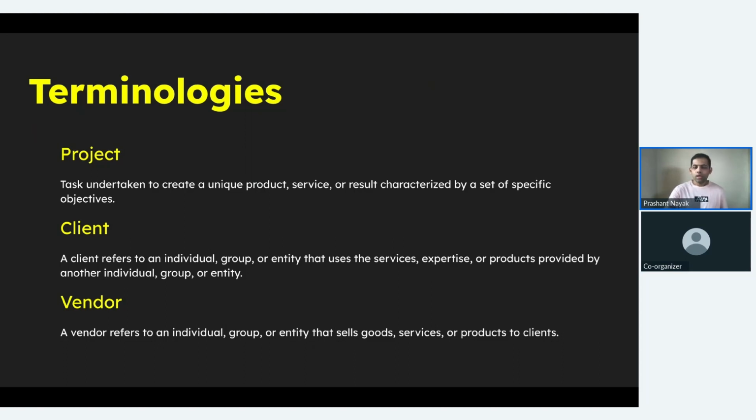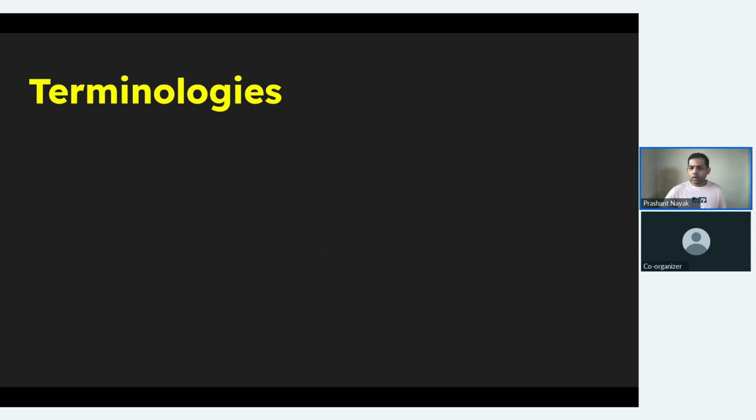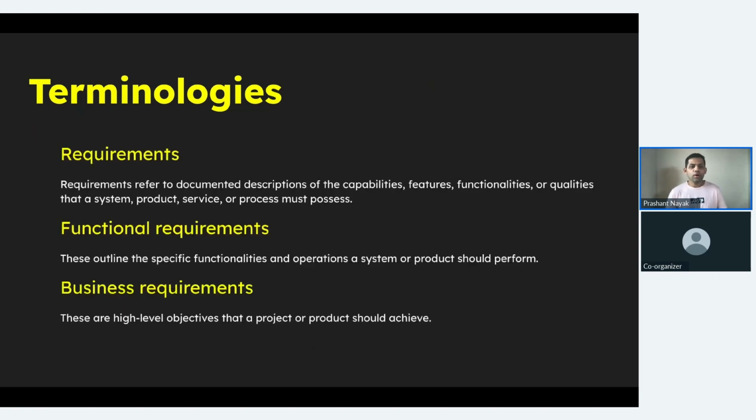So moving ahead, we'll talk about requirements. Requirements refer to documented descriptions of the capabilities, features, functionalities, or qualities that a system, product, service, or process must possess. Let's take an example of the Gmail application.